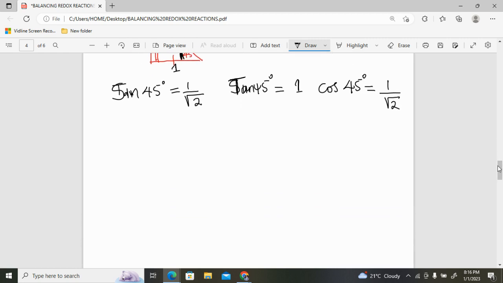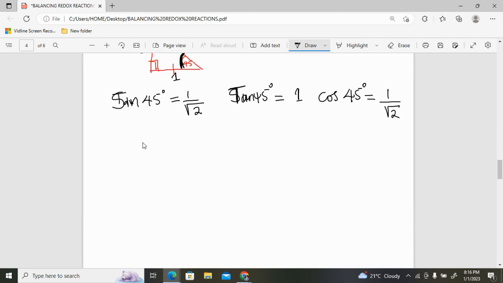Alright. Apart from this, since you can see that sin of 45 is 1 over square root of 2, this means that sin inverse of 1 over square root of 2 is supposed to give you 45. So this is just a simple operation. Just like sin 45 is giving me 1 over root 2, sin inverse of 1 over root 2 gives me 45.